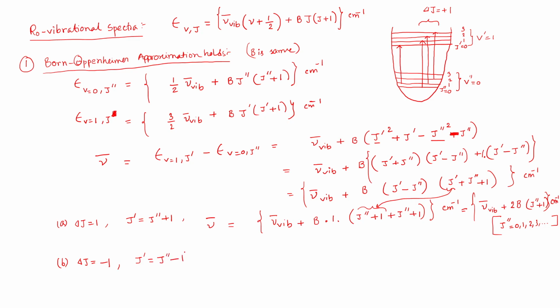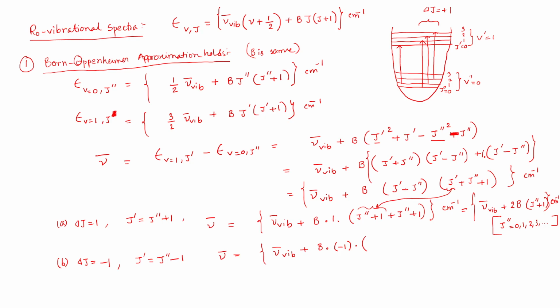You understand what I am trying to say? Suppose your J double prime is now 1, it will go to J equals 0, so that means delta J is equal to minus 1. So at that time what will your wave number look like? Nu vibration, and now you have understood that we will write it all in terms of J prime, not J double prime. So J prime minus J double prime would be minus 1, so instead of 1 we will write minus 1.